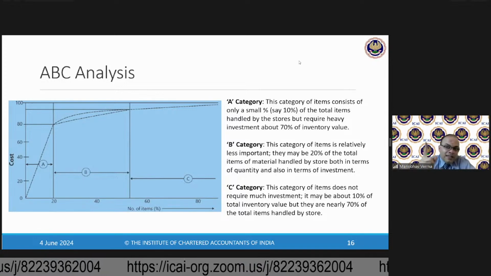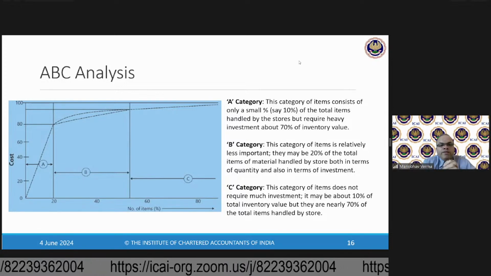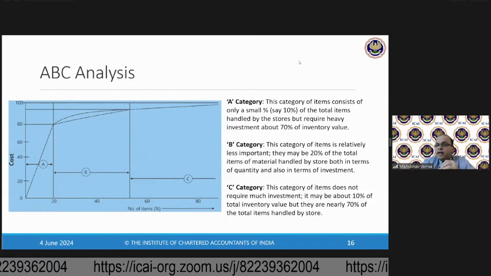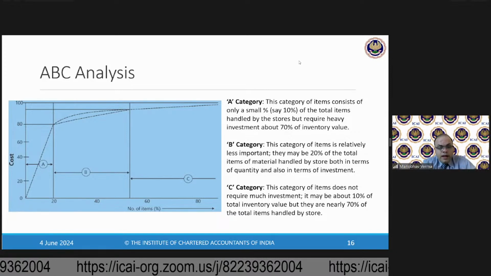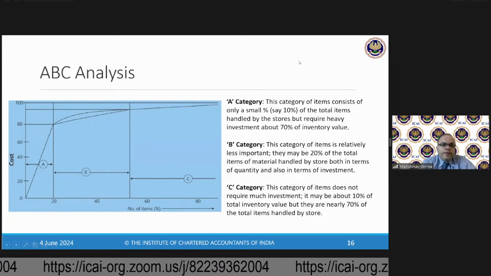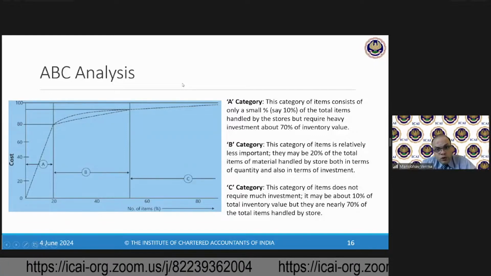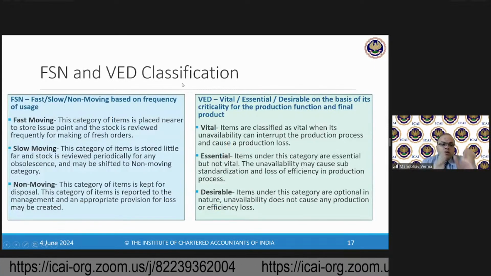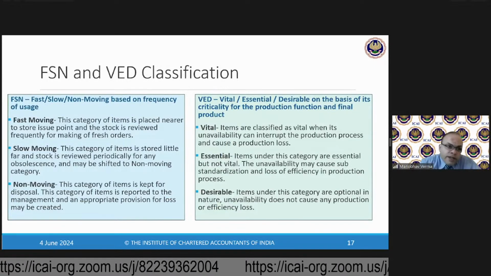But when I talk about A category, you should definitely have an effective control mechanism, right? So that is more from the perspective of a relative classification.